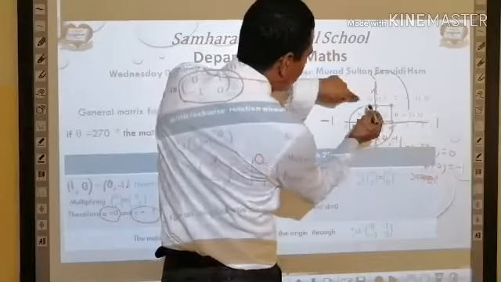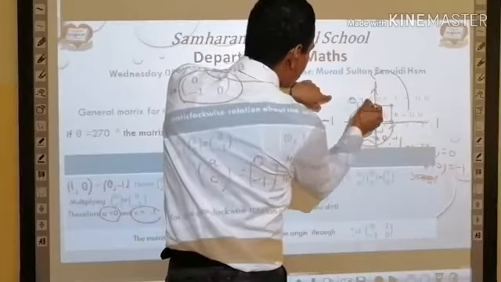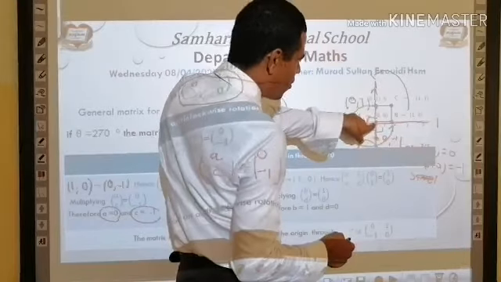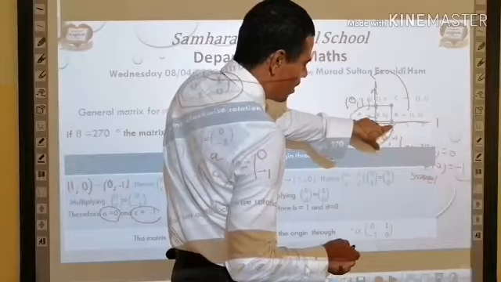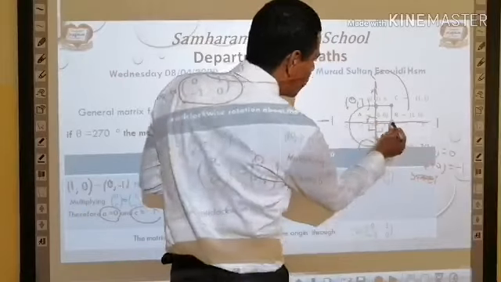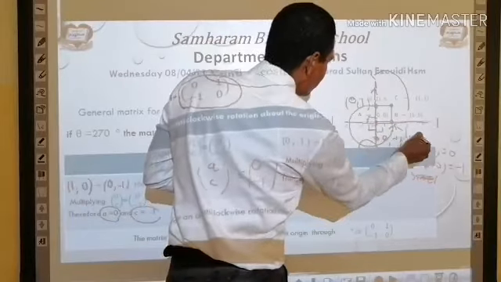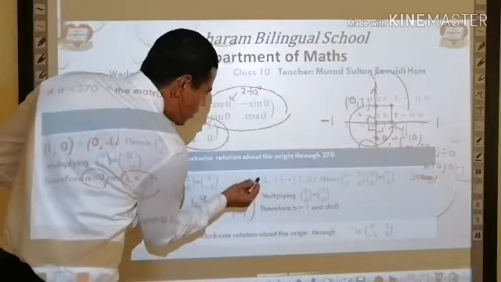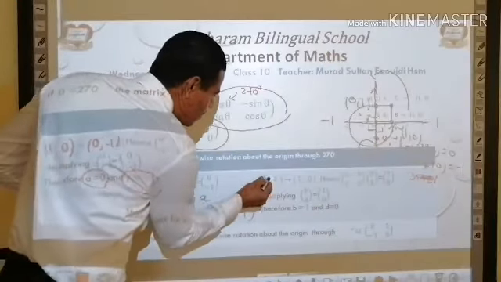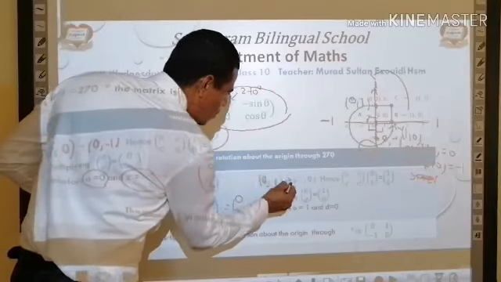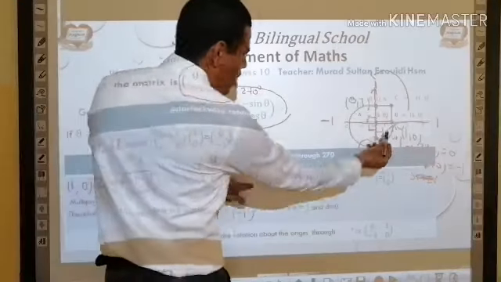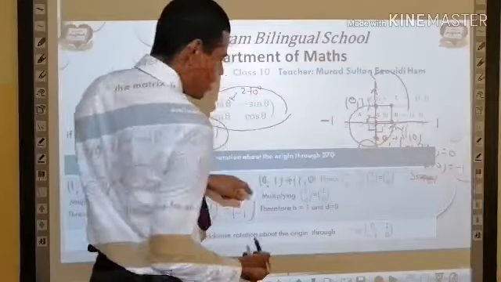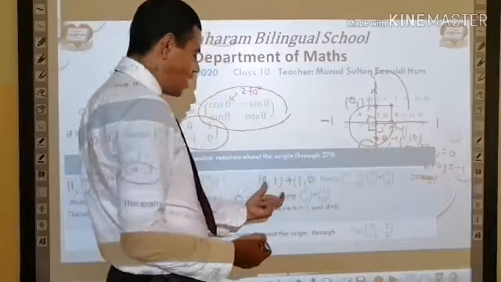This has the coordinates (0, 1), and after rotating it about the origin counterclockwise through 270 degrees, it will be (1, 0). So the point (0, 1), where x equals 0 and y equals 1, maps to this point.